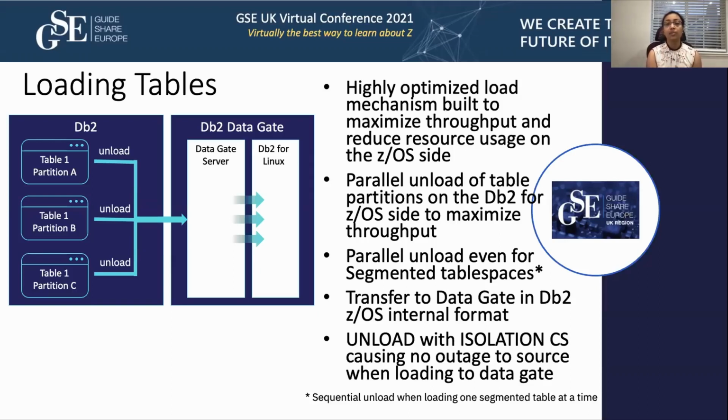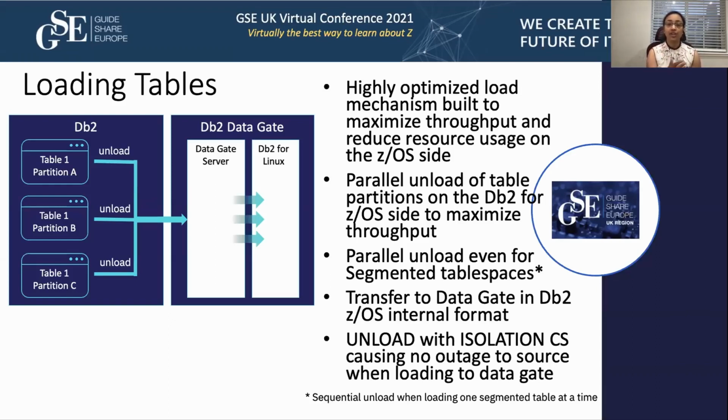For loading partitioned and segmented tables, parallel unload is effected on the Db2Z side to maximize the throughput. Segmented tables are unloaded sequentially, one at a time.